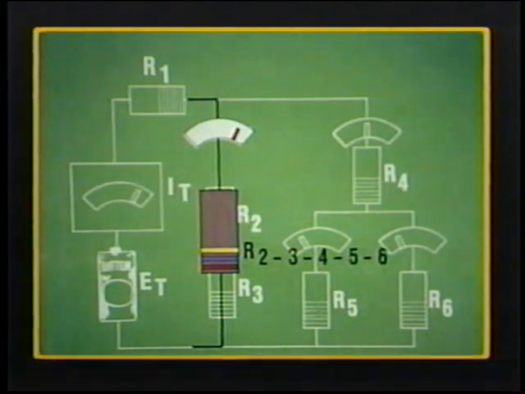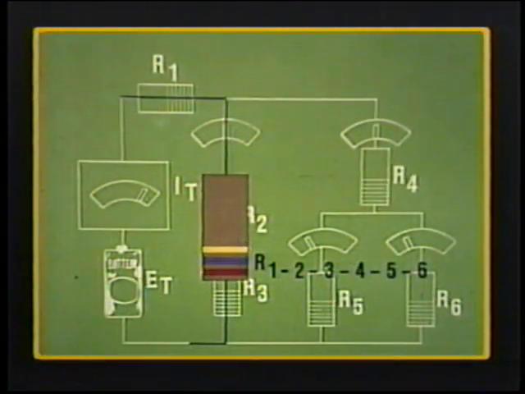And then combine the parallel combination R23 with R456. Finally, when you add the resistances R2, 3, 4, 5, 6 with that of R1, you get one resistance that is equivalent to all of the circuit resistance.